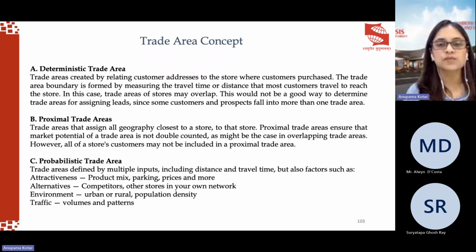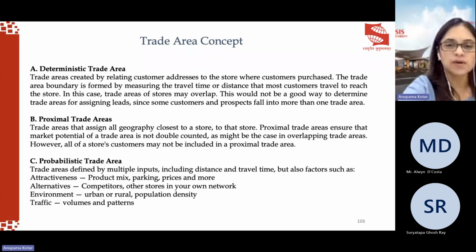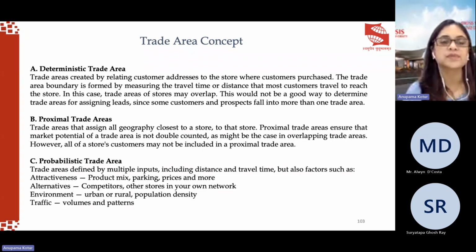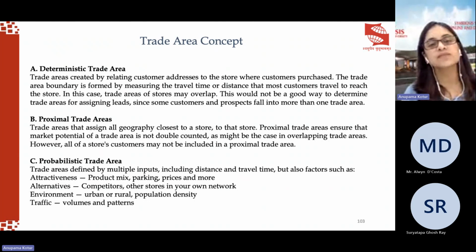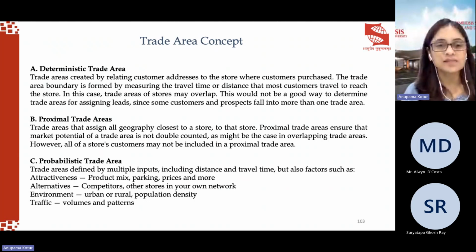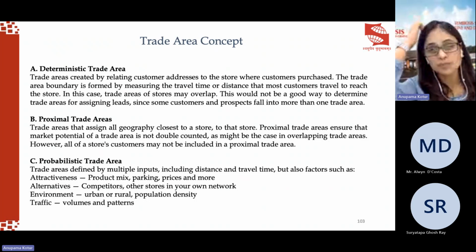There are different kinds of trade areas, important also from your examination perspective. The first is deterministic trade area. Now, this is created based on customer addresses that the retail store has been able to accumulate over the years. Of course, when you go there, you have to create a profile, isn't it?